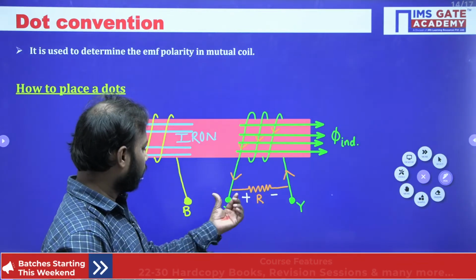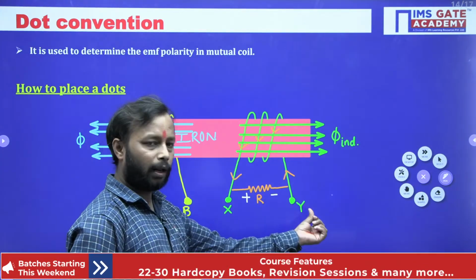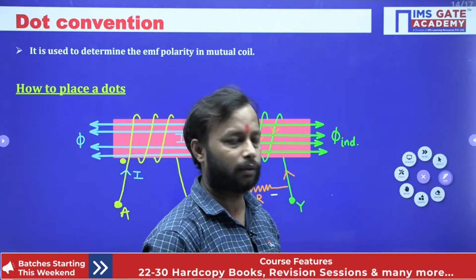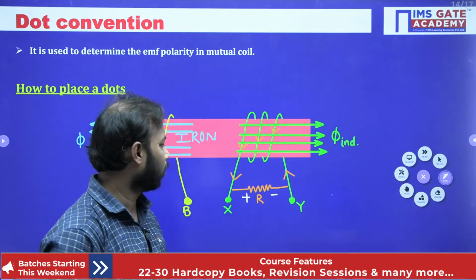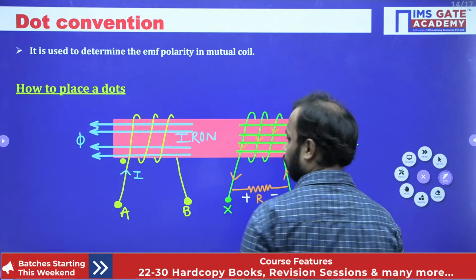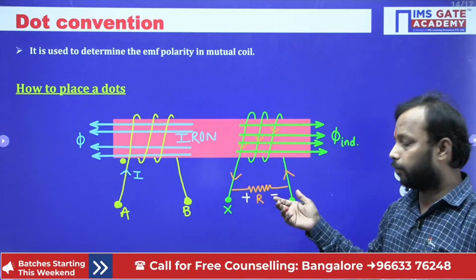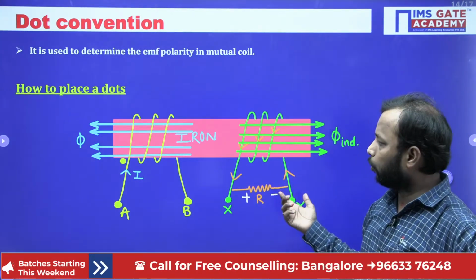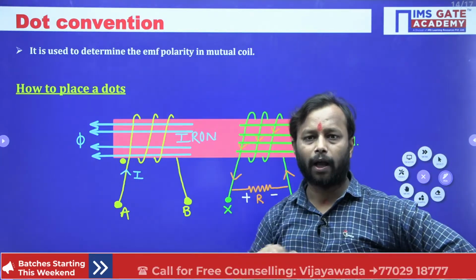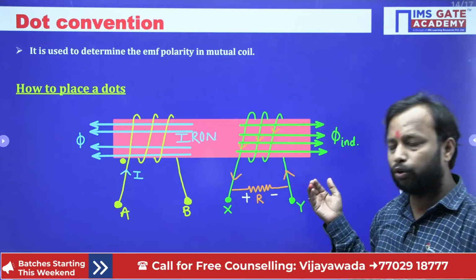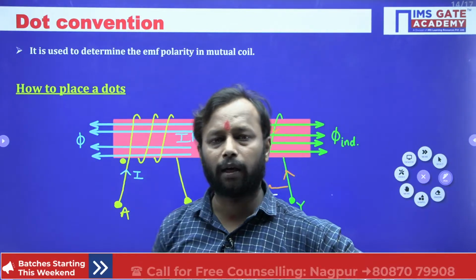So here X will be the positive terminal and Y will be the negative terminal. So in this way you will find the EMF due to this mutual flux, and this concept we will use n number of times in our transformer.